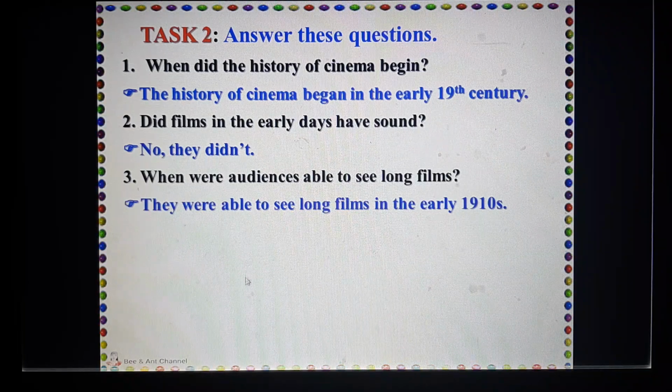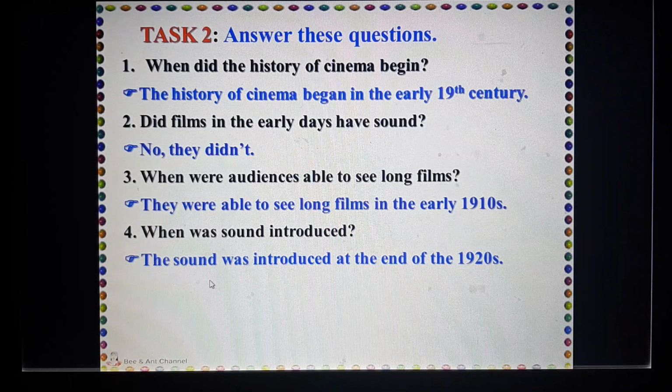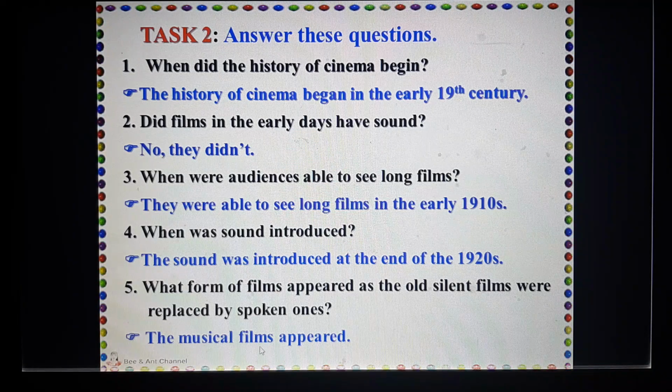They were able to see long films in the early 1910s. When was sound introduced? The sound was introduced at the end of the 1920s. Number 5. What forms of film appeared as the old silent films were replaced by spoken ones? The musical films appeared.